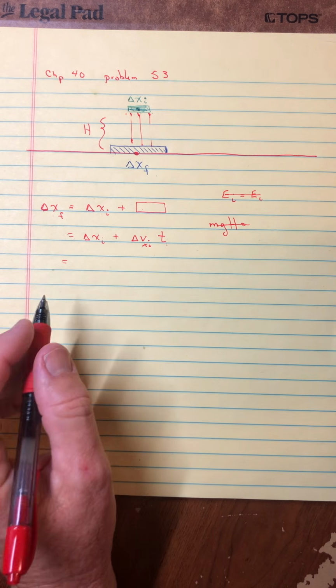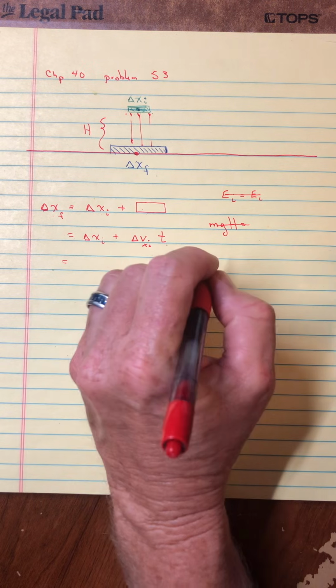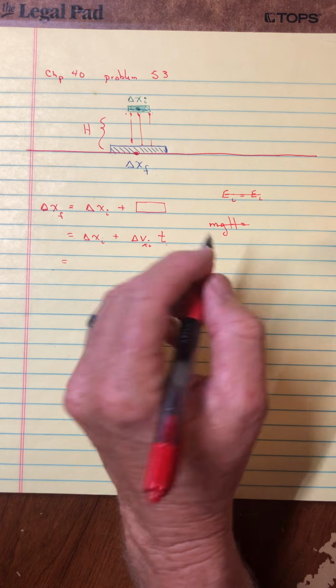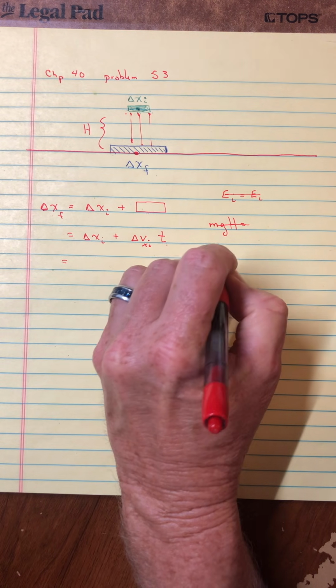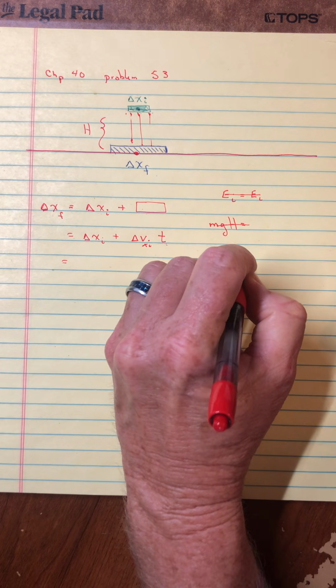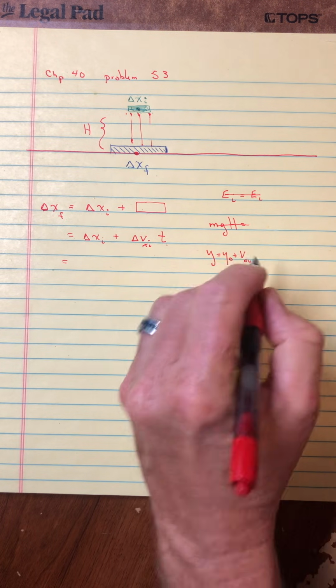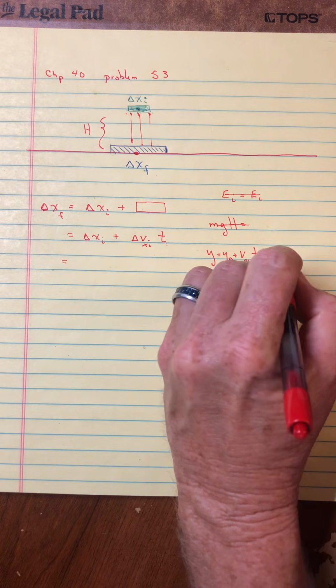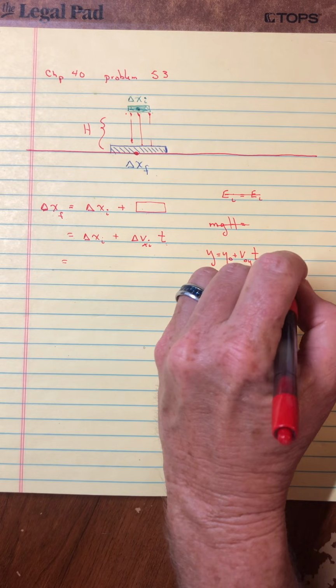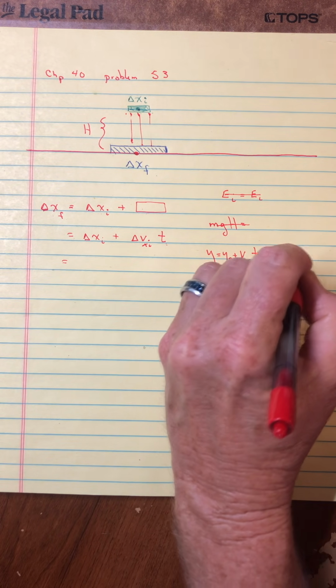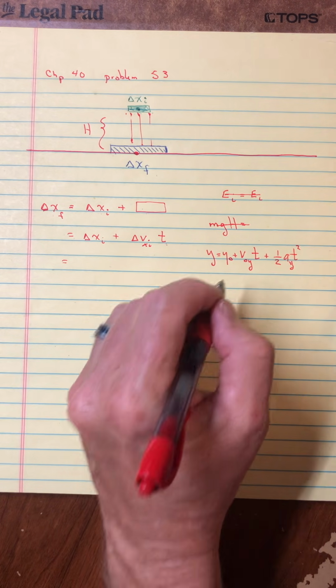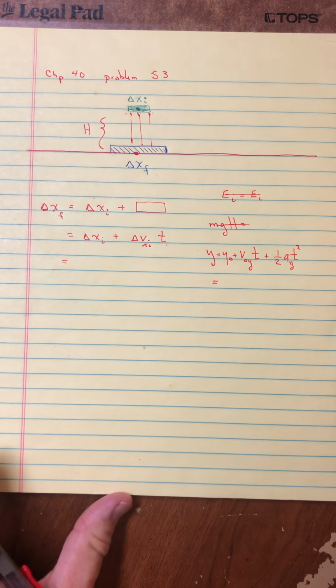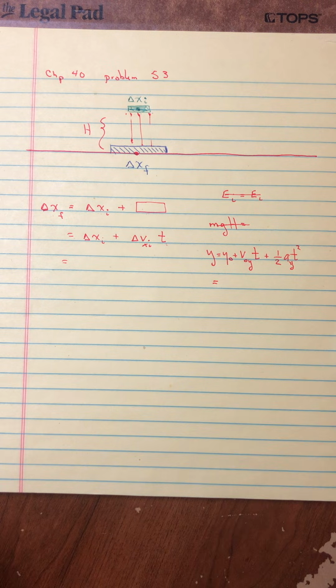Sorry. I guess the one I want, going back again to physics 121, is the equation when you drop something, we have y equals y initial plus the initial velocity in the y direction times time plus 1/2 a in the y direction t squared. Okay.